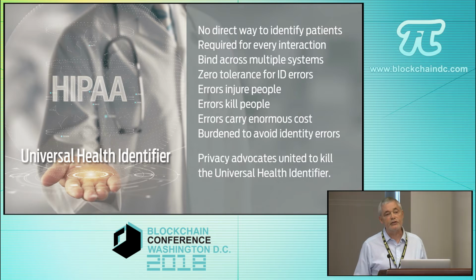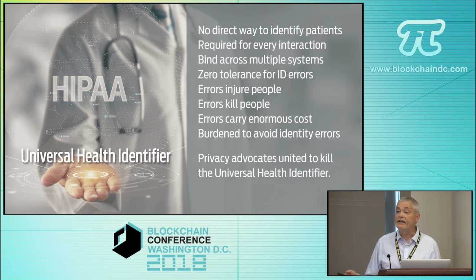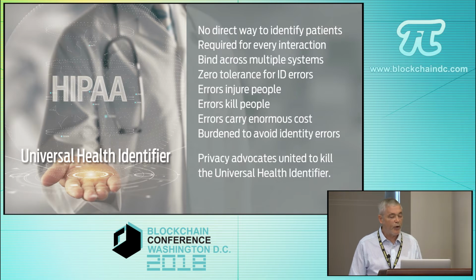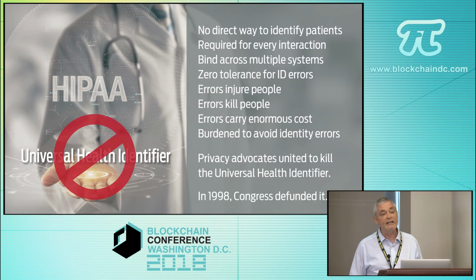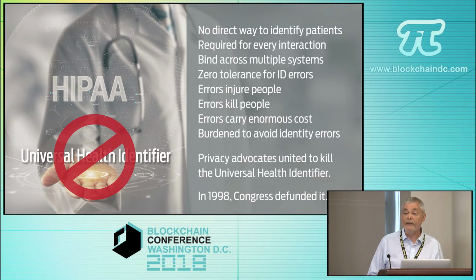But HIPAA failed to solve the problem, because as soon as President Clinton signed HIPAA, privacy advocates united to kill it. You see, in the bloom of the AIDS epidemic in the 1990s, the prospects of establishing a patient ID that could unlock all of the healthcare information about a person was deemed untenable, such that by 1996, Congress defunded any work on the Universal Health Identifier, and that killed it.